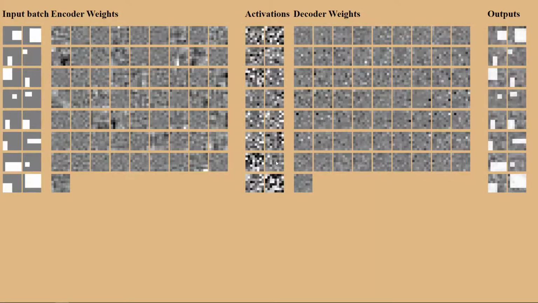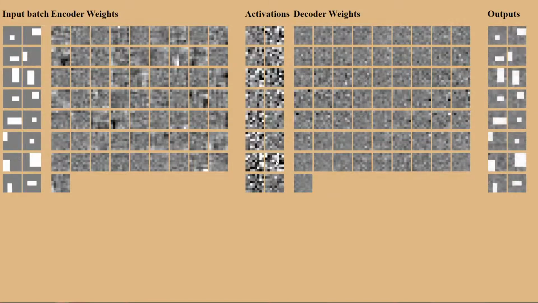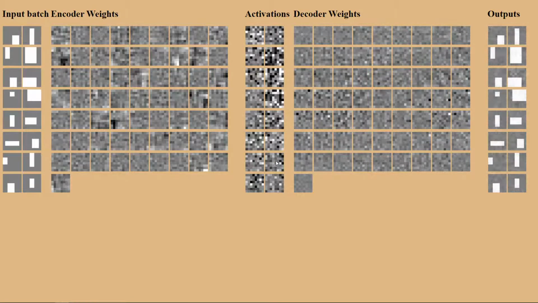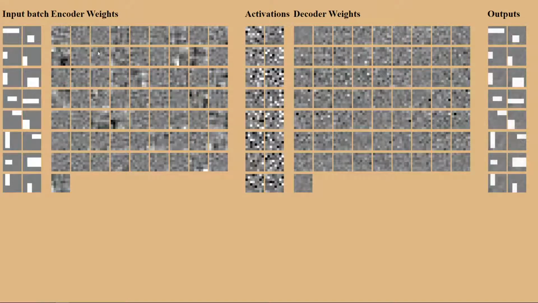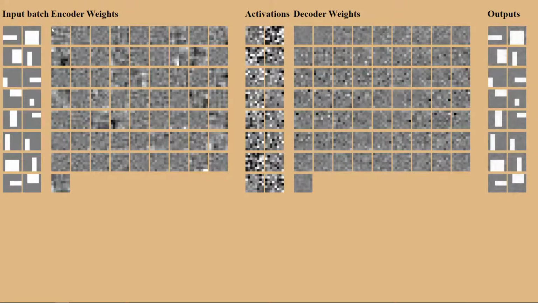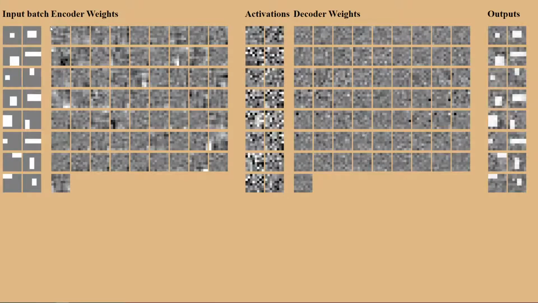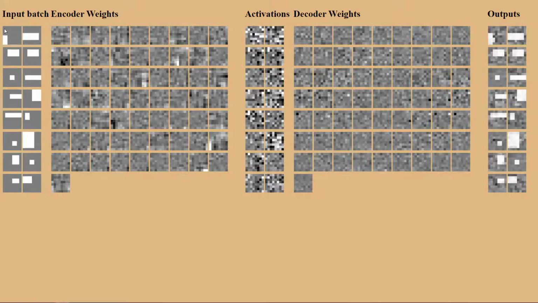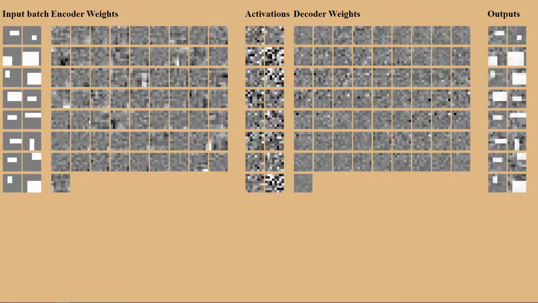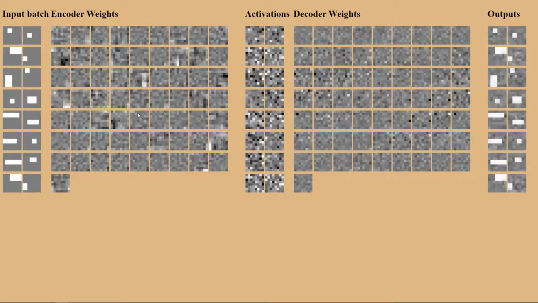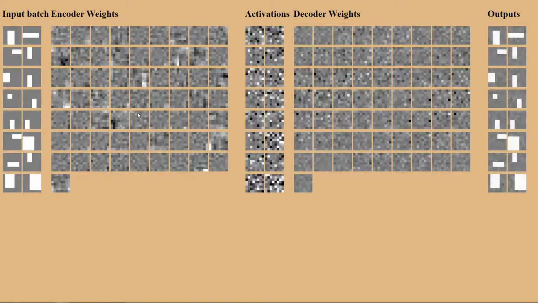See, it's supposed to learn the identity function. So every one of these weights should have a single white pixel indicating that it's paying attention to that pixel in the input, and we have as many weights as there are pixels, so they should just directly learn to pay attention to one pixel.